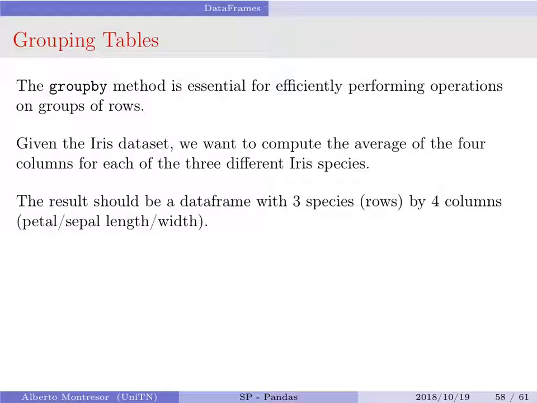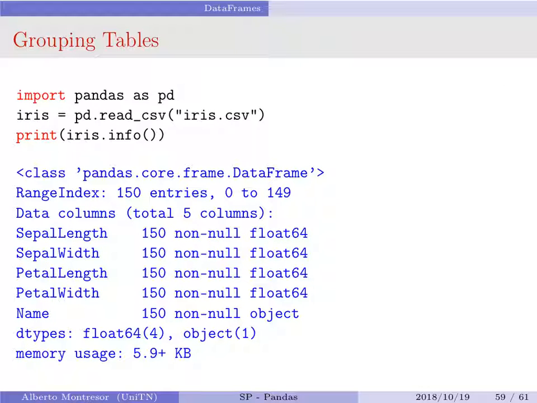Then there is a group by method, which can be used to perform operations on groups of rows. If you have ever used this kind of operator, either in databases or in Excel or in LibreOffice or whatever, you do the operation like this.